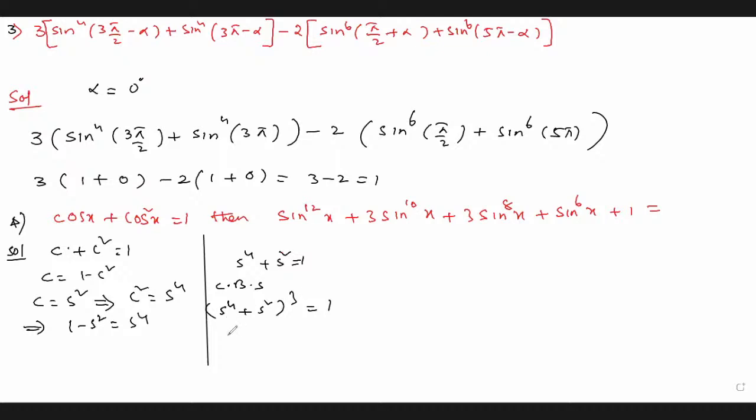Now, using the a plus b whole cube formula: a cube means sine power 12, plus 3 a square b means 3 sine power 8 into sine square, plus 3 a b square means 3 sine power 4 into sine power 4, plus b cube means sine power 6, is equal to 1.